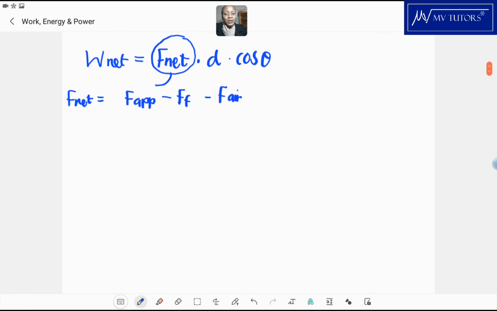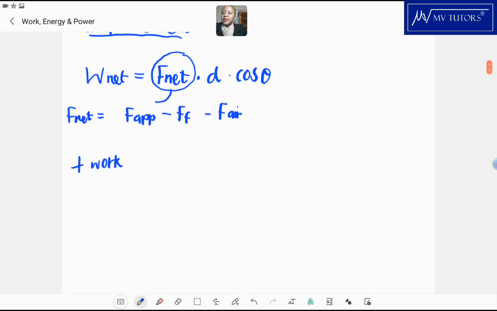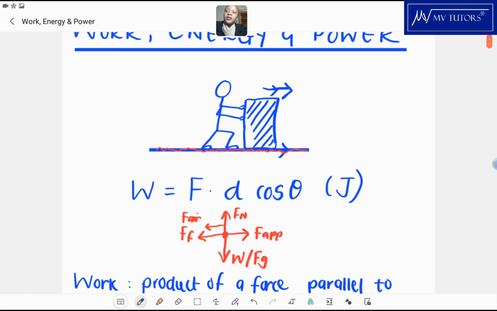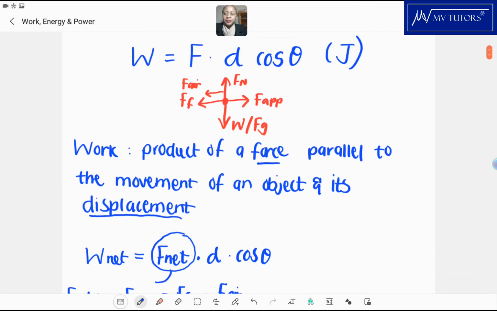Now let us talk a bit about positive work. So what happens when you have positive work? Basically what it means, if we look again at this image here, the force that you have applied and the motion of your object are moving in the same direction.